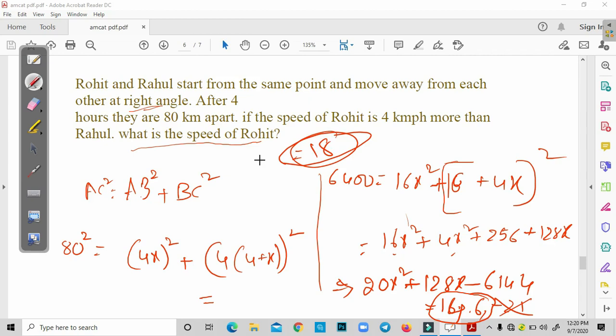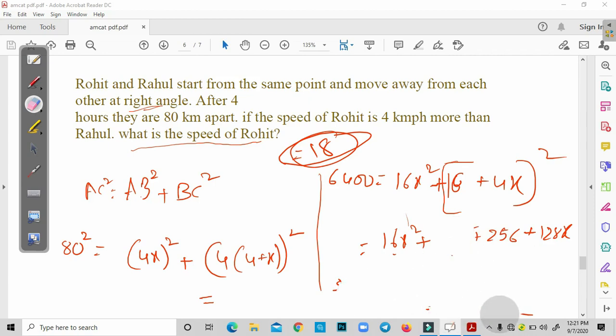Now let's check once again. (4x) square means it will be 16x square. 4 plus x, 16 plus 4x, 16 square is 256, and 4x square. Oh sorry for the mistake, I did a mistake in the calculation here. 16 and 4x means it will be 16x square only.